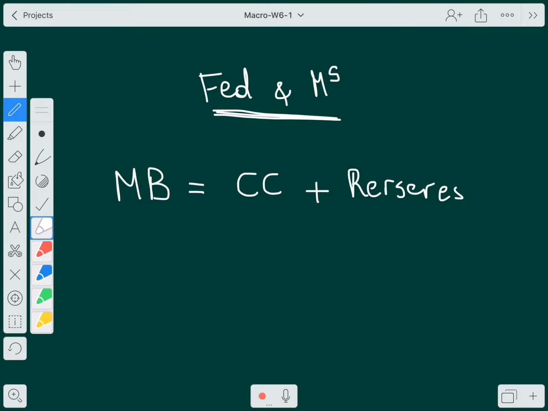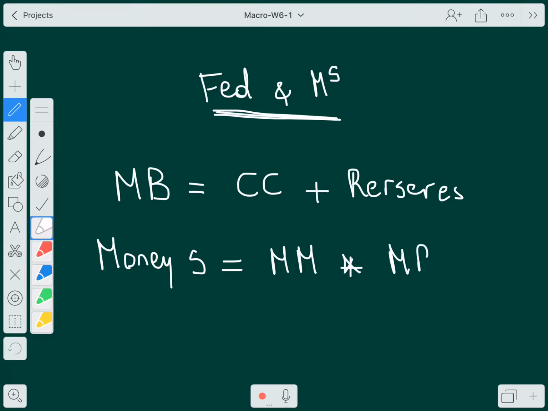So as you also know, the money supply is equal to the money multiplier times the monetary base.